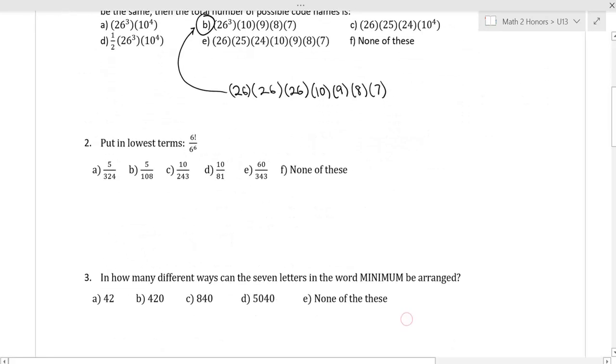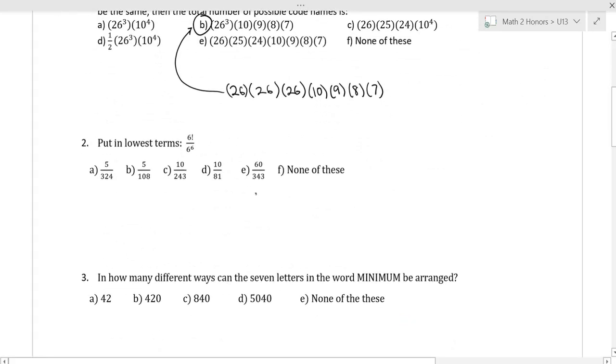All right, number 2. Put 6 factorial, so 6 times 5 times 4 times 3 times 2 times 1. That's your 6 factorial over 6 to the power 6.